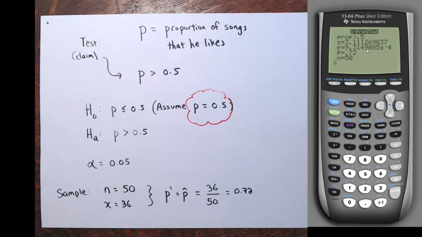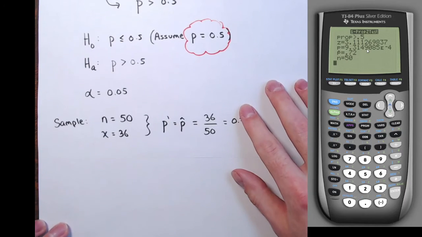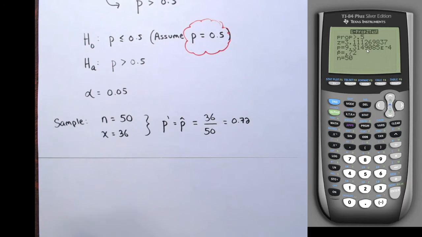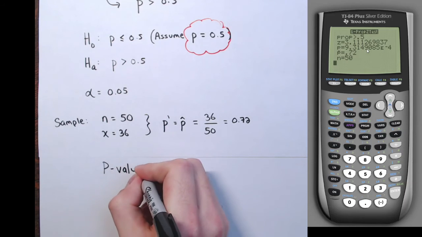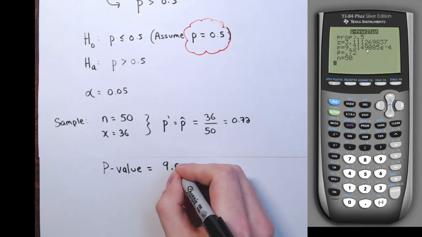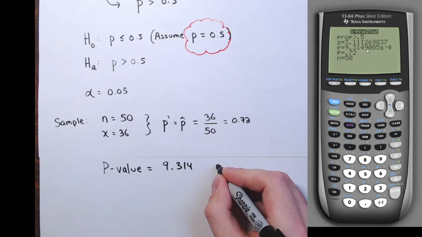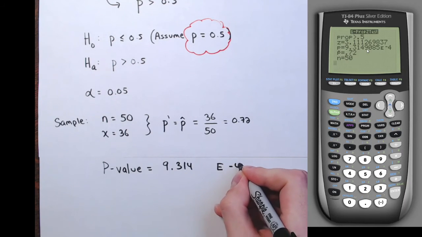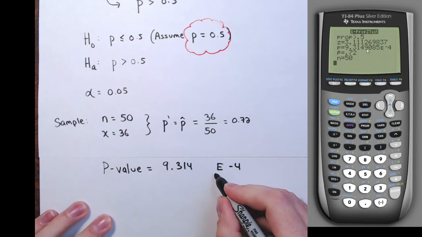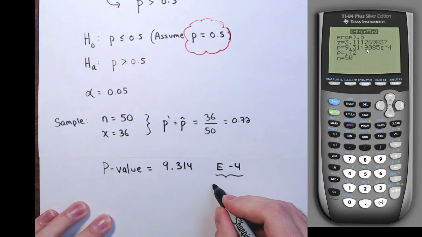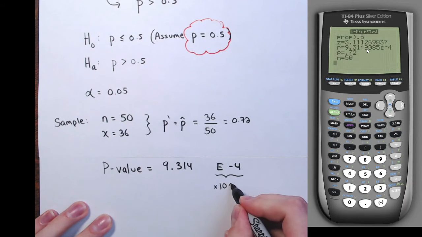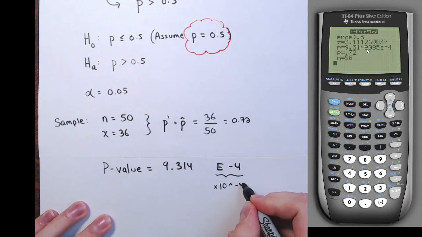Now, be careful. I have people make this mistake quite often. Remember, the P value is a probability, so it can't be greater than 1. The P value given to me here is 9.314, and then you see at the end that E-4. When you see this capital E, this means times 10 raised to that power, times 10 to the -4th power.